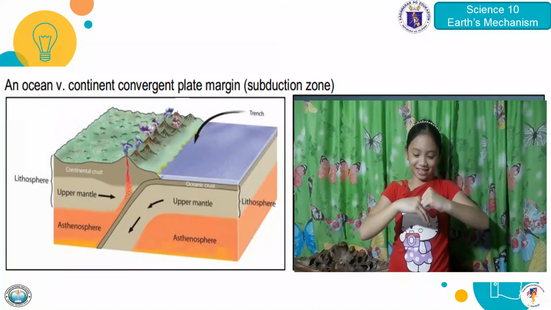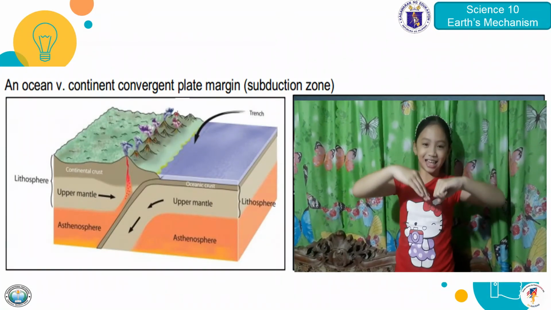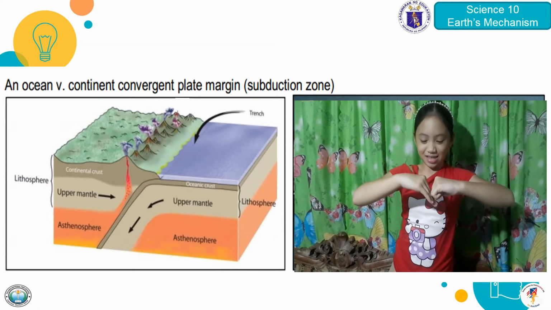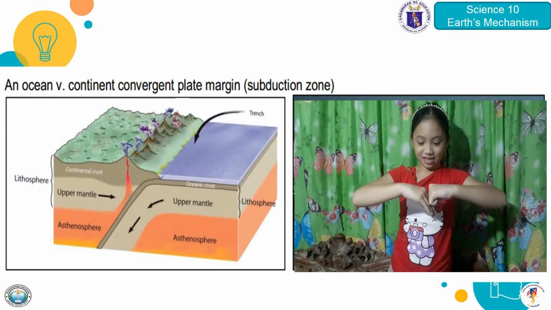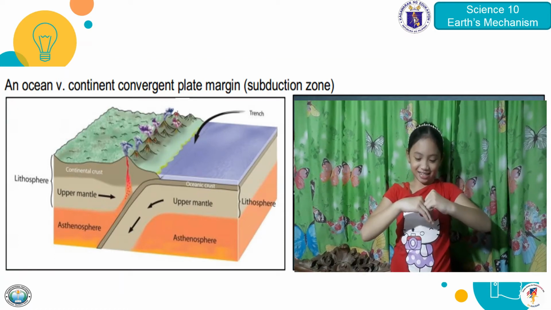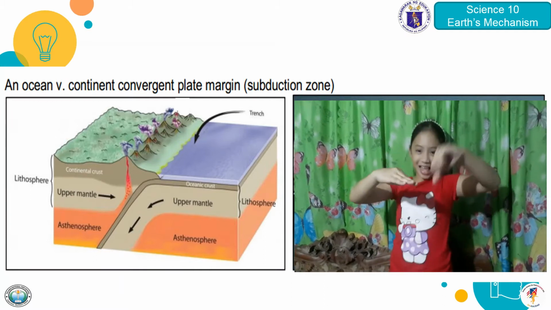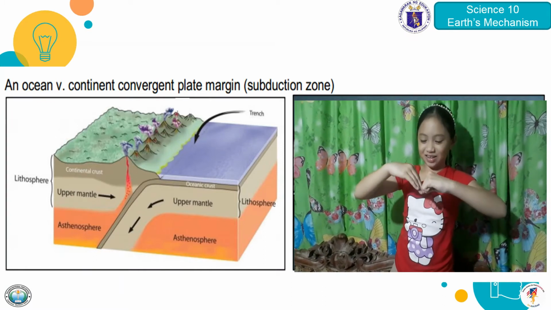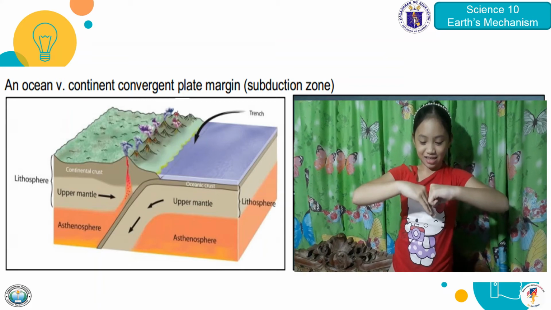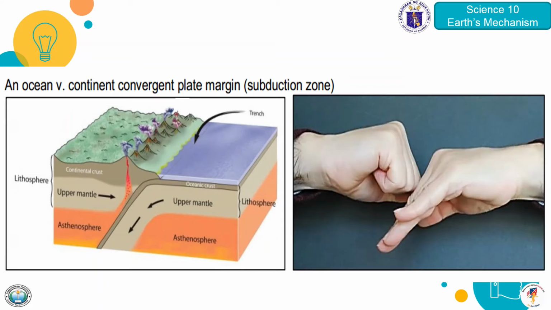Slowly move them toward each other. You are now simulating the convergent boundary between continental and oceanic plates. The clenched fist represents the continental plate and the open palm represents the oceanic plate. Since it is denser, the oceanic plate subducts under the continental plate.